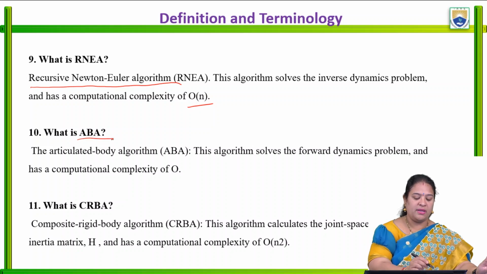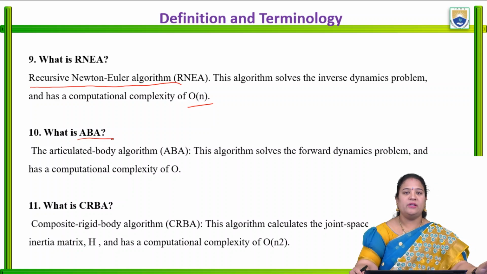Next, what is ABA? ABA means articulated body algorithm. This type of algorithm is used to solve the forward dynamic problems.